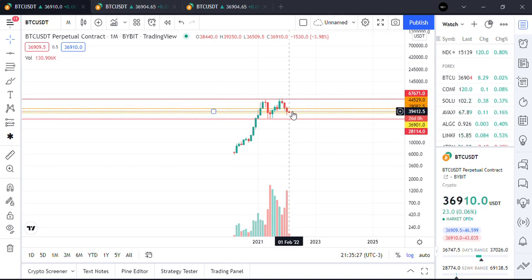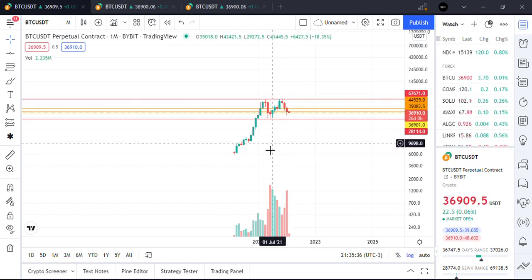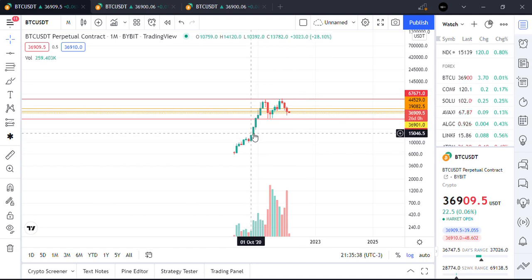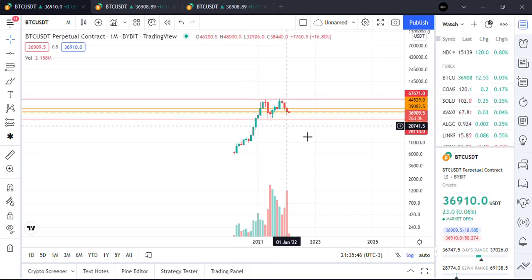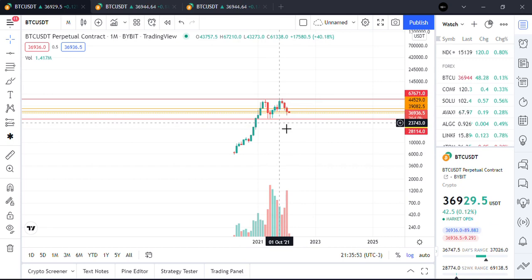So these are lower lows, where a candle opens lower than the first candle and closes lower than it as well. A higher high is where the candle opens higher than the previous candle and closes higher than it. This is basically how it works. And we have sideways trend. Sideways trend does not show a particular direction. Don't worry, in smaller time frames I will show you what a sideways trend looks like.